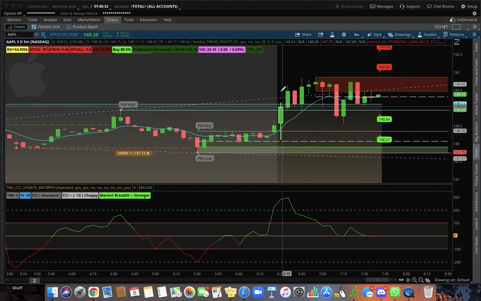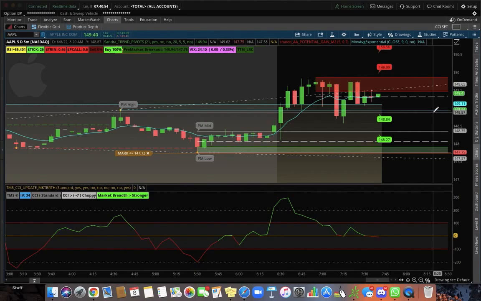Yeah. When we look at something like this on a chart, it's ready to make a move somewhere. But do we want to be in this with a long call or a long put? No, there's no definite.